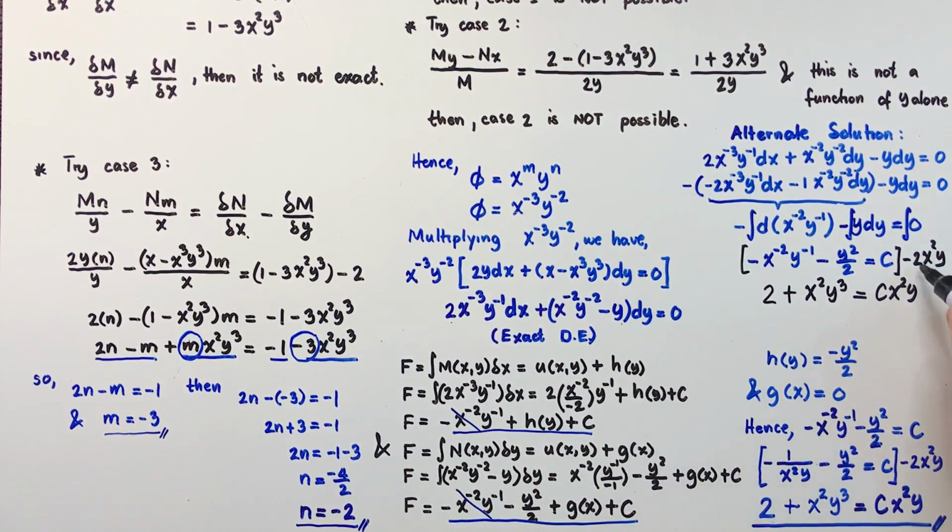But this negative 2, which is a constant, times this constant C, is still a constant C. So this is now our final answer for the given differential equation. And you can check that this one is the same as our answer using this method for the exact differential equation.